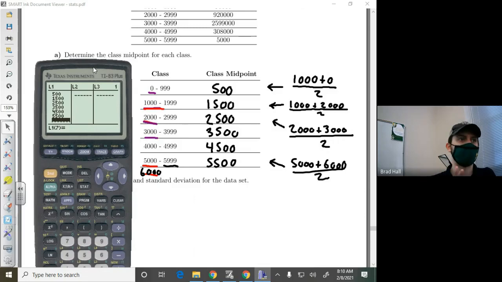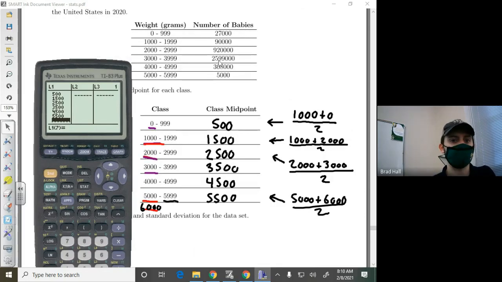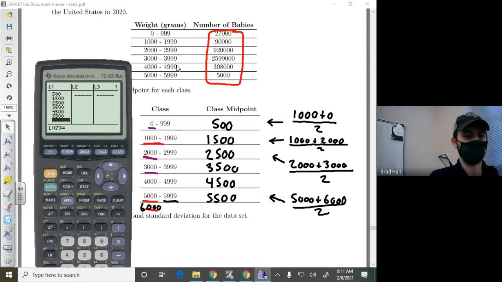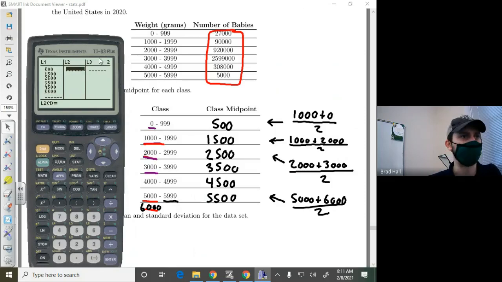The second column is going to be the frequencies that were given in the beginning of the problem. That's going to go in the second list. So again, pretty simple stuff. So move your cursor over to the second list. That's 27,000, and we just keep going.